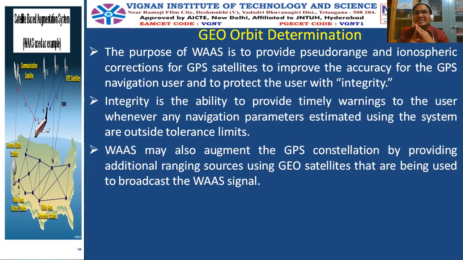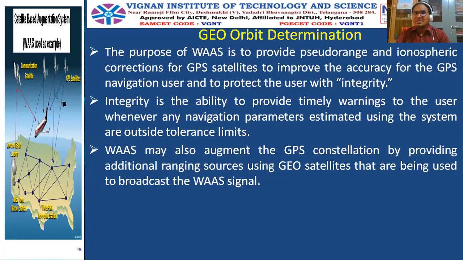For all these, there is a tolerance limit. If the range estimated is outside this tolerance limit, we have to provide an alert to the end user so that he can deny those values. And this is called integrity.